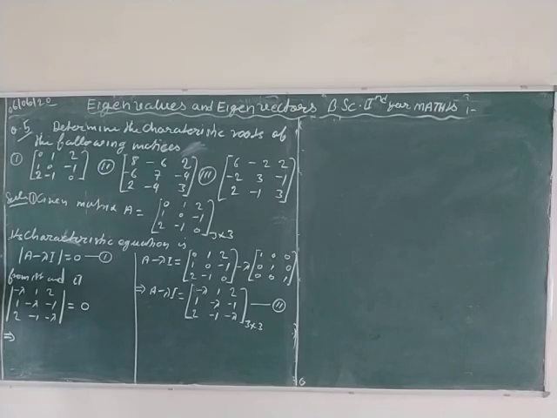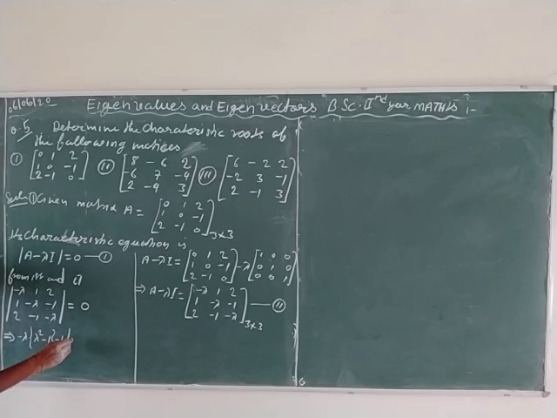Expand this determinant, taking minus lambda in a bracket. Here eliminate the first row and first column: minus lambda is equal to lambda square, and minus minus plus minus 1. After then taking minus 1, eliminate the first row and second column.